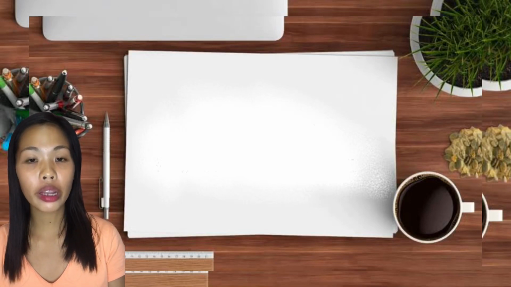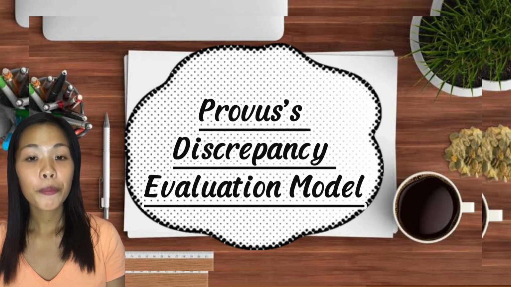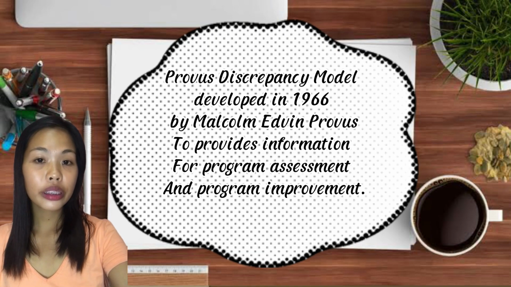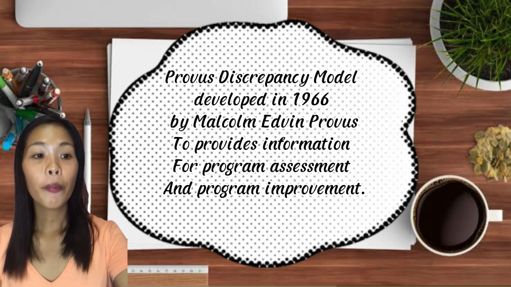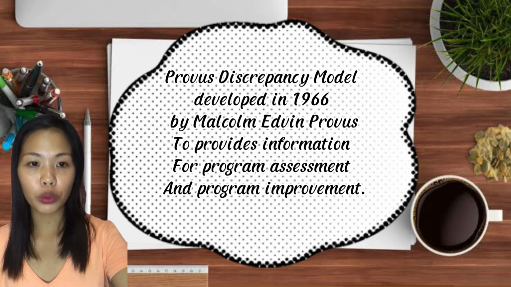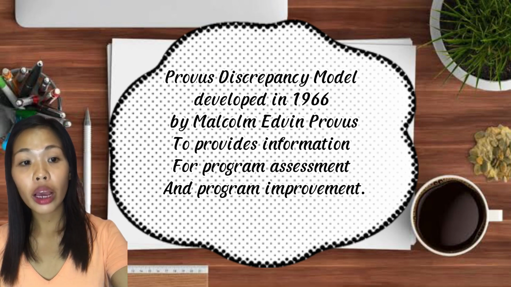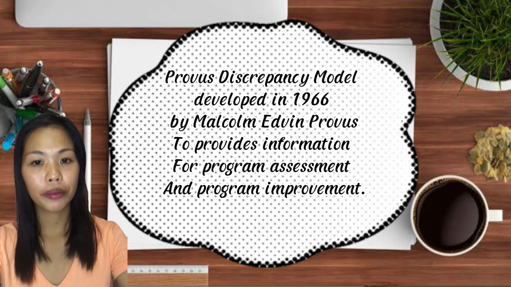I am Princess Kimberly T. Magallanes from Group 1, and we are going to tackle the Provus Discrepancy Evaluation Model. The Provus Discrepancy Model was developed in 1966 by Malcolm Provus to provide information for program assessment and program improvement.